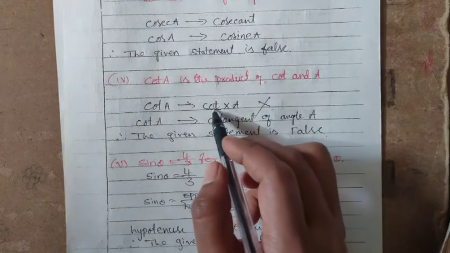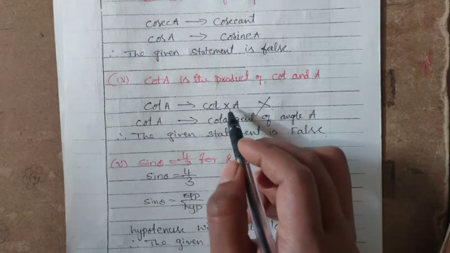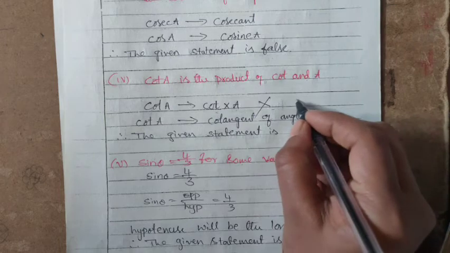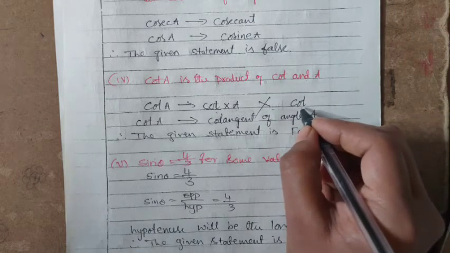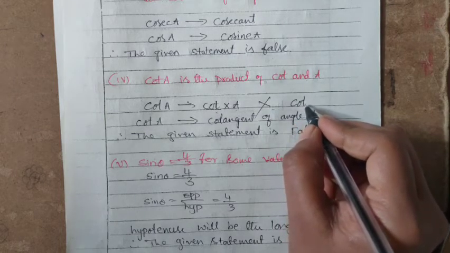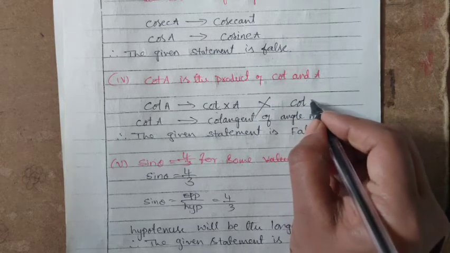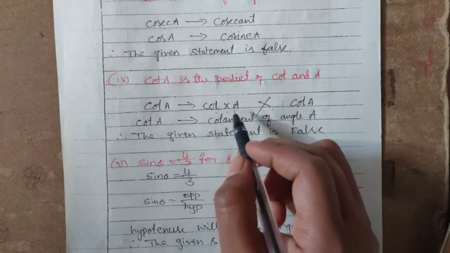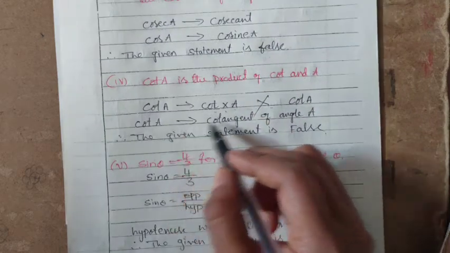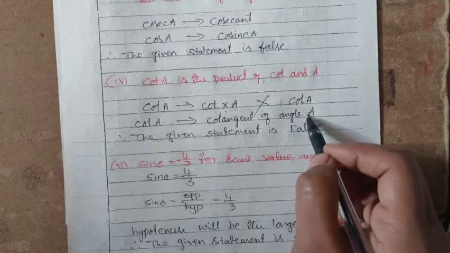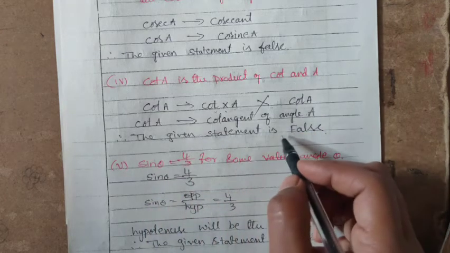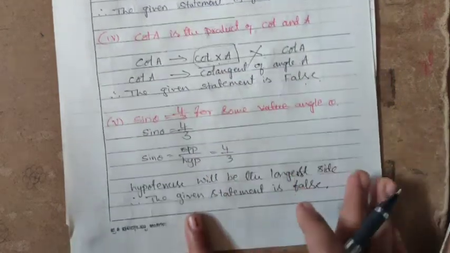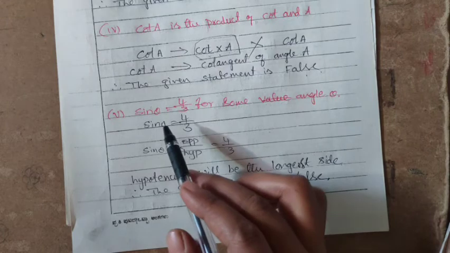It is not a product of cot and A. It is only the angle of cot A. Cot A is cotangent of angle A. That's why the given statement is false. Now going to the last statement.